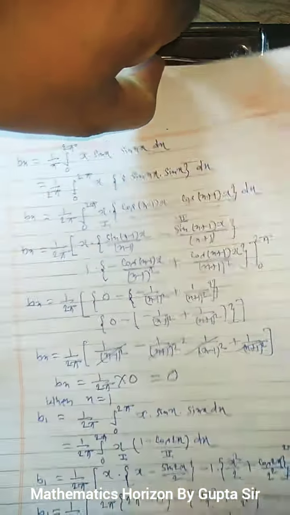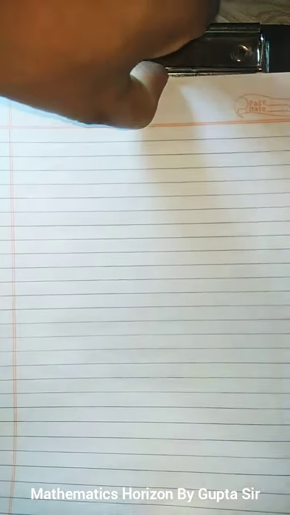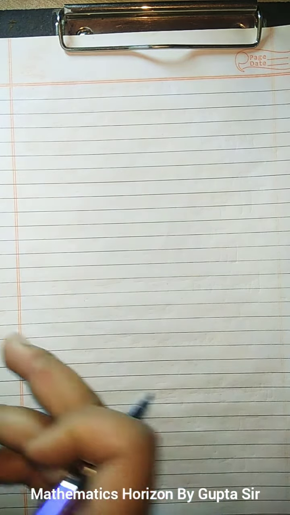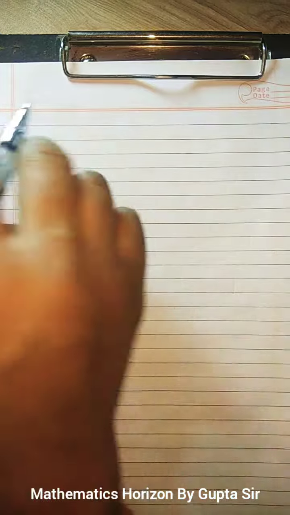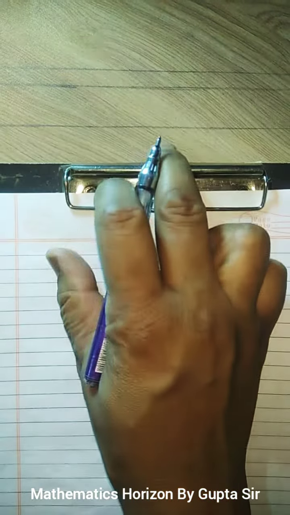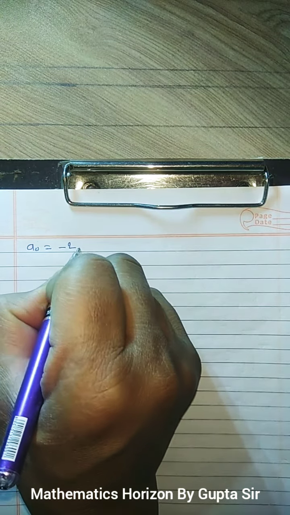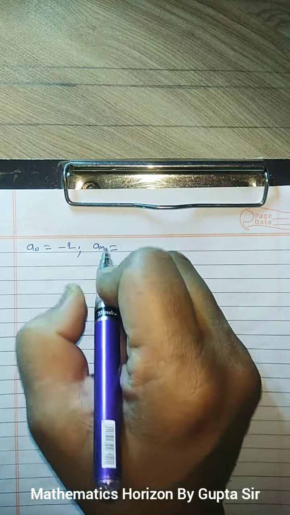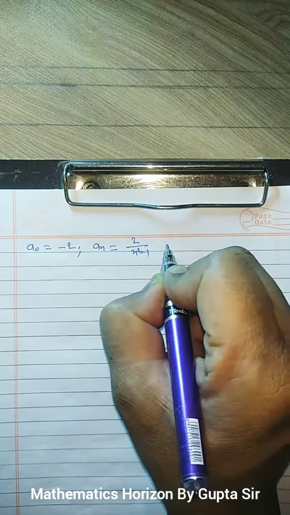Now what we have calculated here? Here we have calculated these terms. Number 1, we have calculated a0. Here a0 is equal to minus 2, and we calculated an is equal to 2 upon n square minus 1.